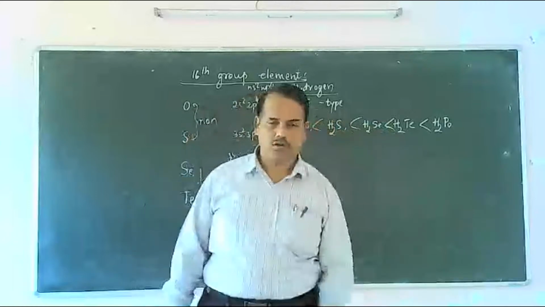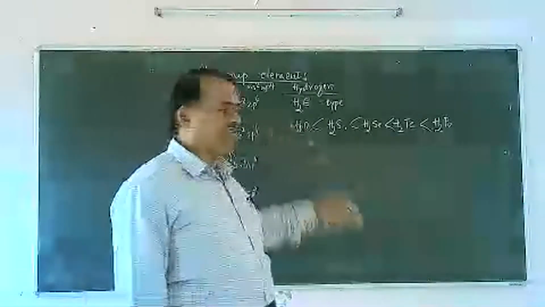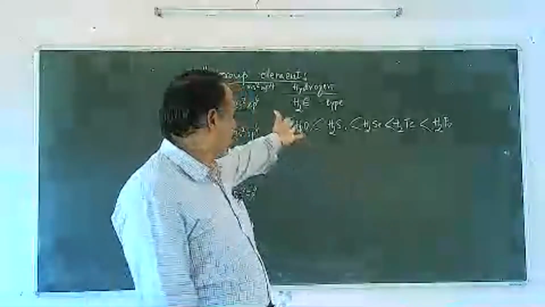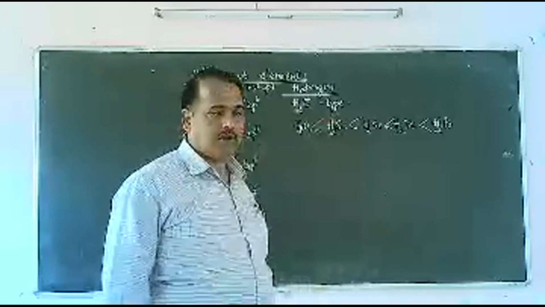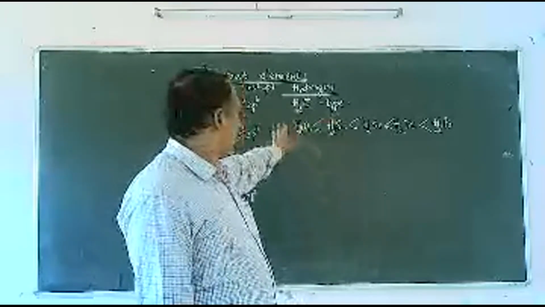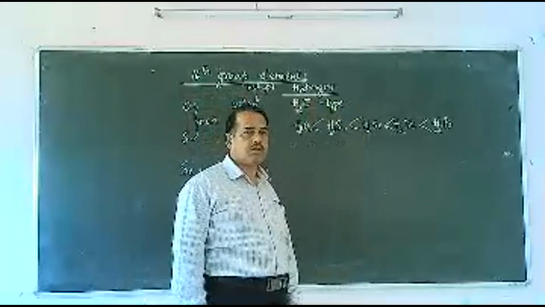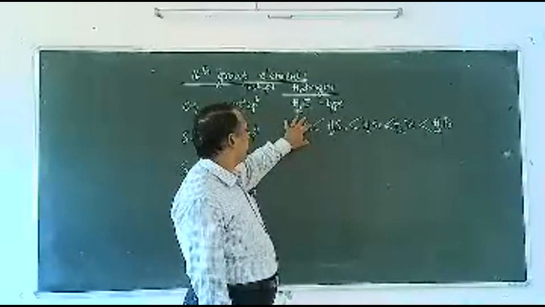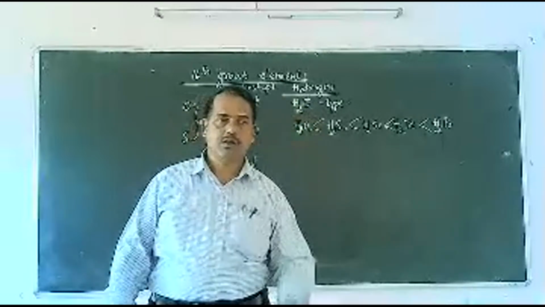In water you can find hydrogen bonding, so water is stable. Hydrogen sulfide is in the gas state, and the others are in the solid state. Therefore, water is more stable. So this is the different types of hydrides and their interrelation.